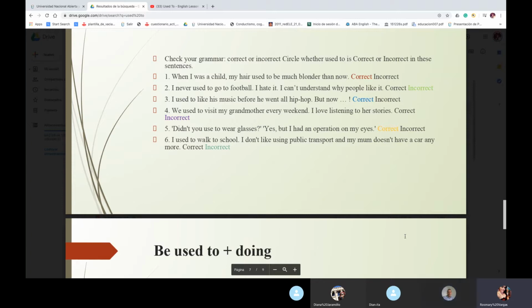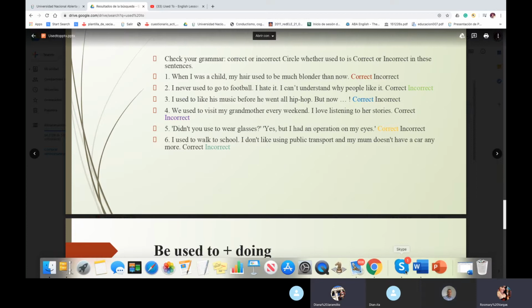So the second one. I never used to go to football. I hate it. I can't understand why people like it. Correct or incorrect? Diana Jaramillo.